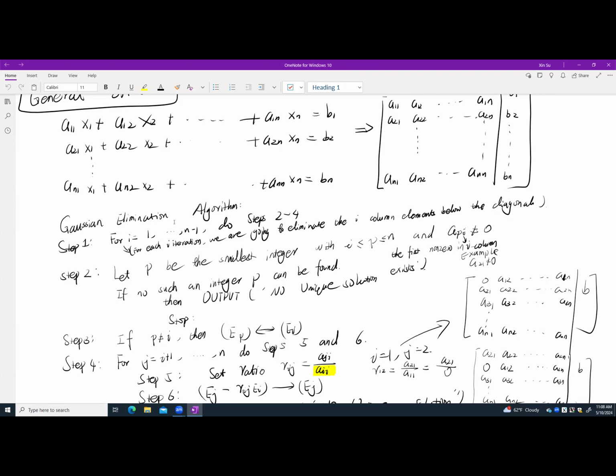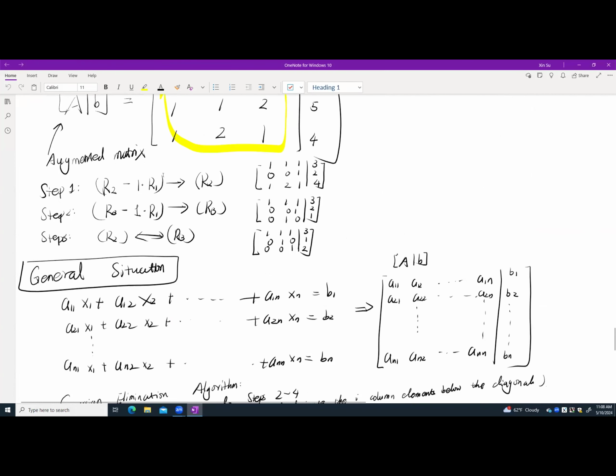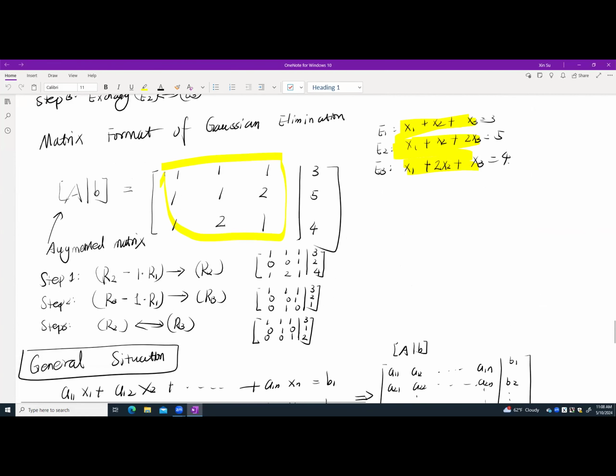Let me give you one concrete example. I believe I have already given you one here, examples 1.1, 1.2, and 1.3. What you need to do in the end is use backward substitution.